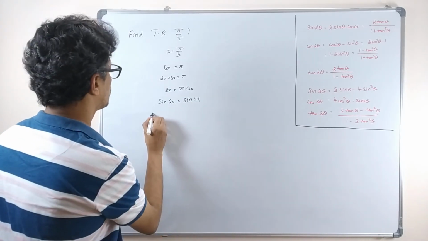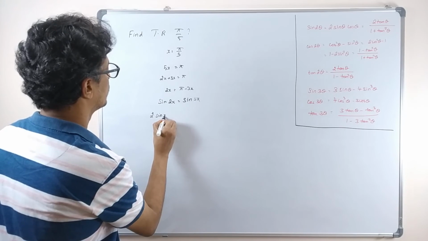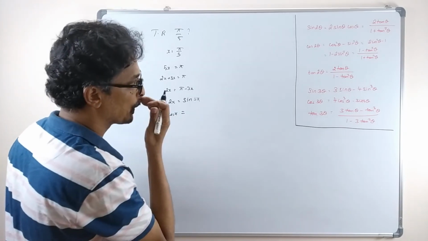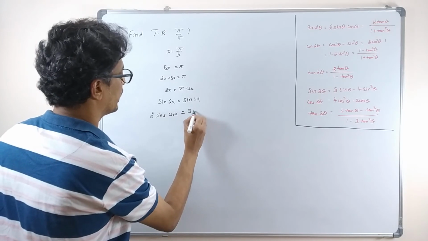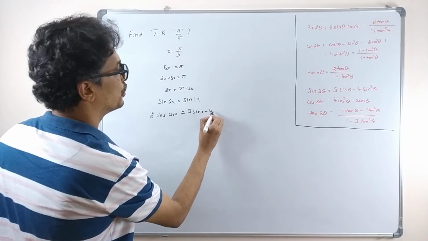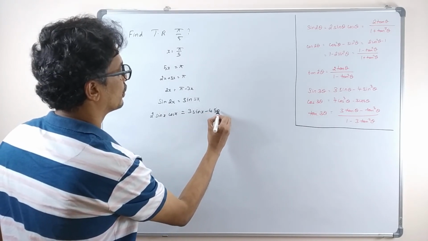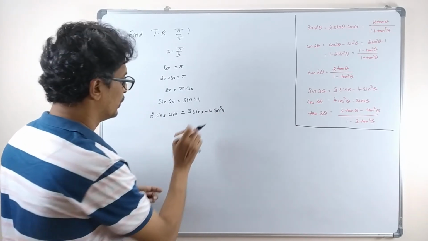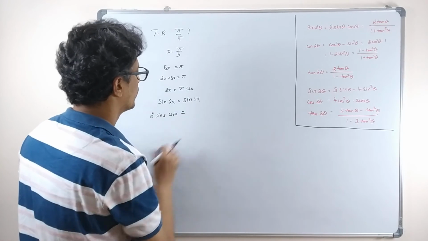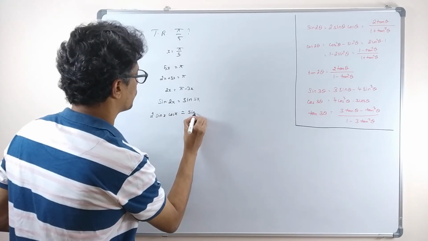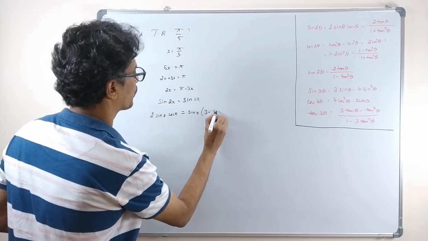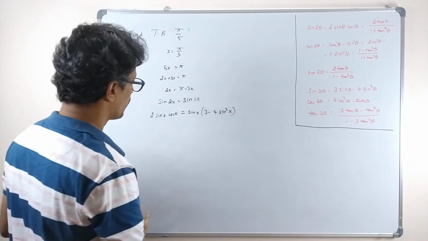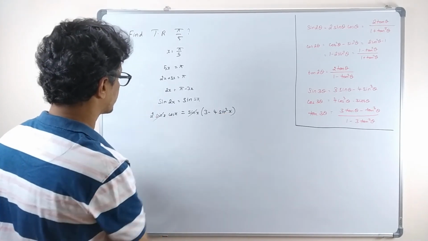Sine 2x is 2 sine x cos x, equal to sine 3x, whose formula is 3 sine x minus 4 sine cube x. From here I can take sine x common outside: sine x times 3 minus 4 sine square x. So sine x cancels.